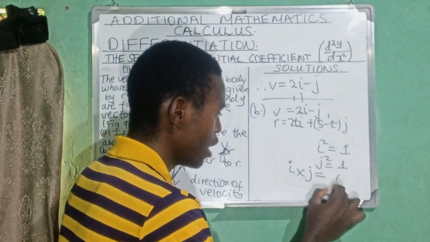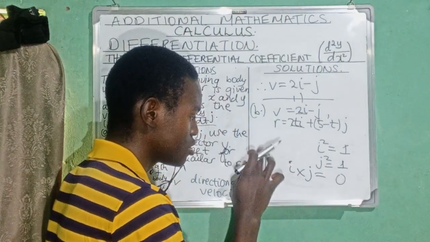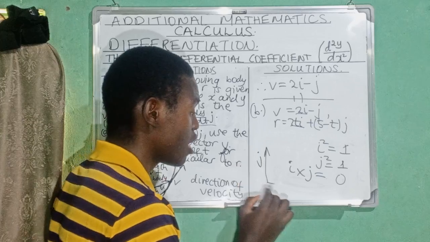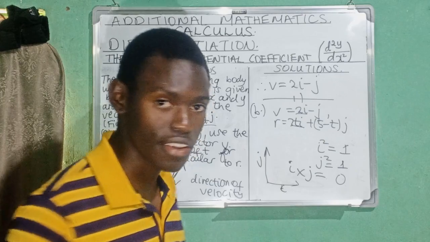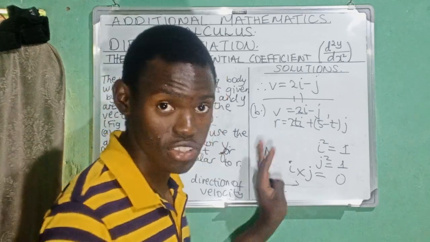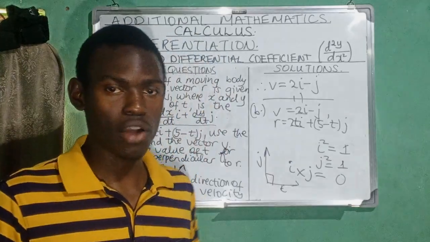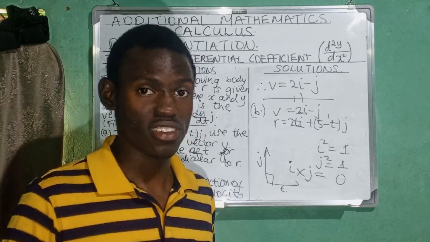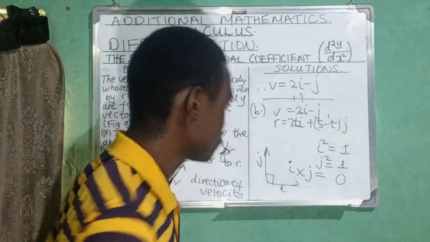Take note. Why? Because i represents movement in the x-axis, j represents movement in the y-axis, and the angle between them is 90 degrees. Because the angle between them is 90 degrees, when you multiply them, the result you should get is 0, because the dot product of two vectors that are perpendicular is 0.